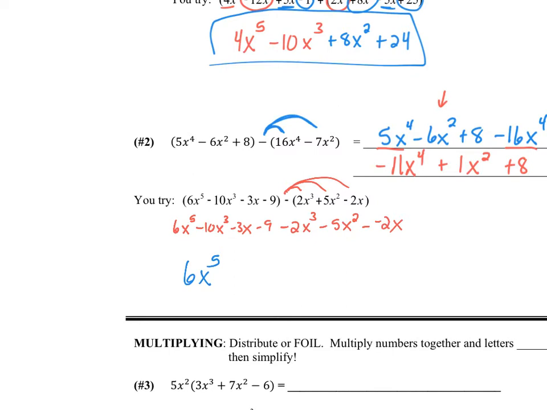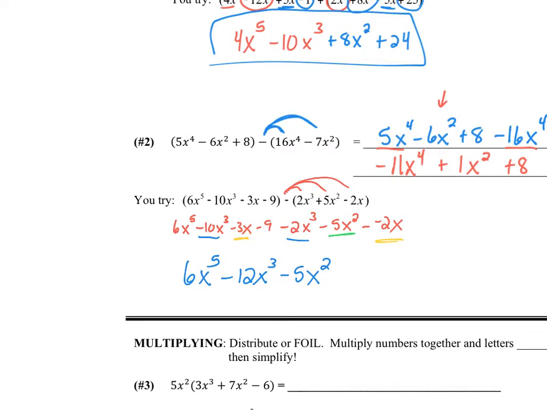I don't see any x to the fourths, so let's look at x to the thirds. Negative 10x to the third minus 2x to the third is negative 12x to the third. Now look for any x squareds. I only see the negative 5, so it's minus 5x squared. Check for any x's.